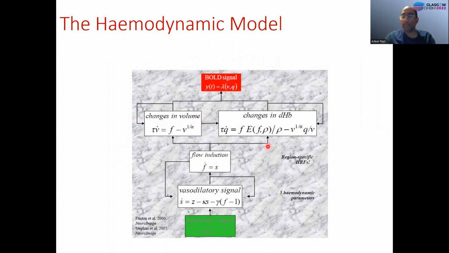What it is basically saying is that you have this neural activity, it engenders a vasodilatory signal, and this in turn changes the blood flow, and this blood flow then changes the blood volume and also the oxyhemoglobin content of the blood, and this then subtends the BOLD signal. So this is what we call the hemodynamic model. The hemodynamic model and the neural model that we derived together give you the generative model.